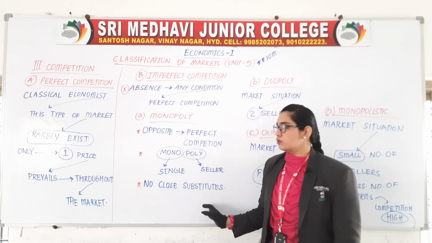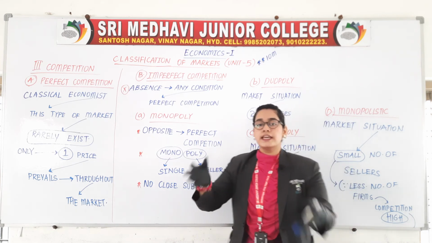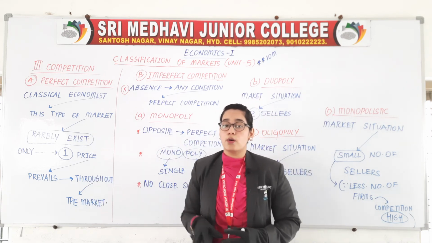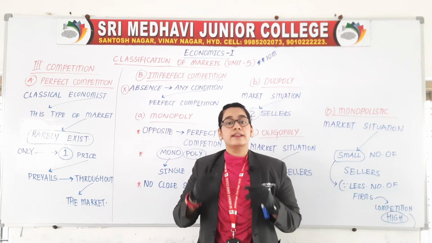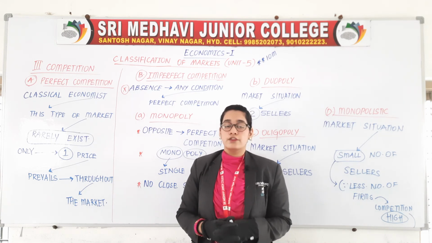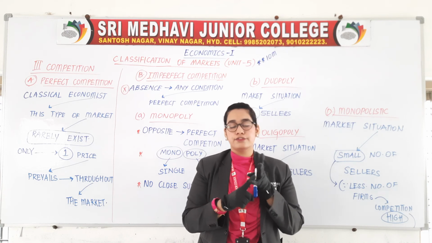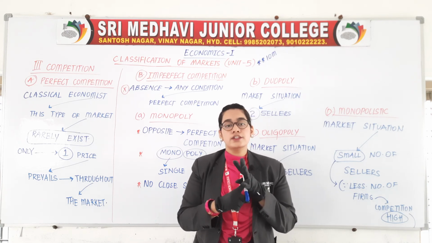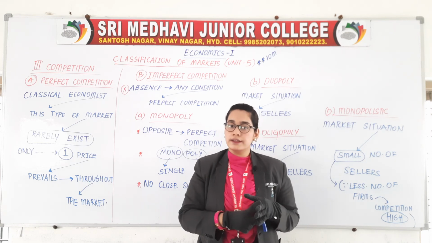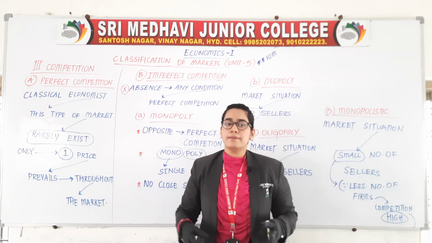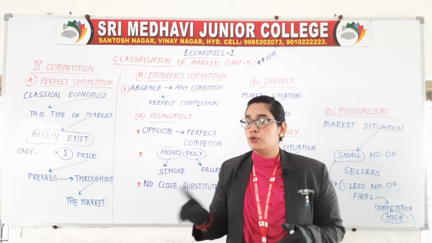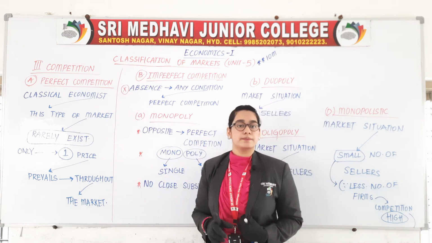There are no close substitutes. It means if I am doing the business, then no one will be there in my competition. For example, few people use Head and Shoulders, few will use Sunsilk, few will use Garnier. There are many brands. These have substitutes, but monopoly will not have any substitute.